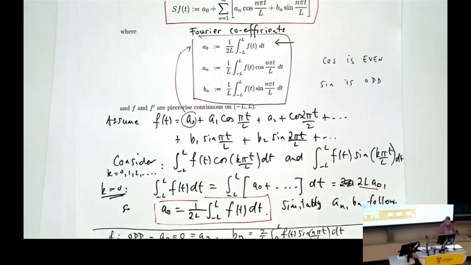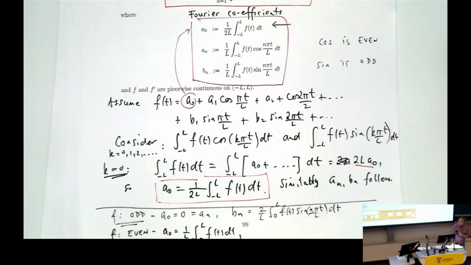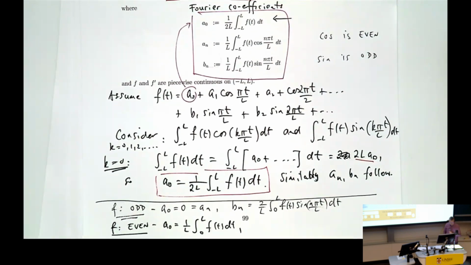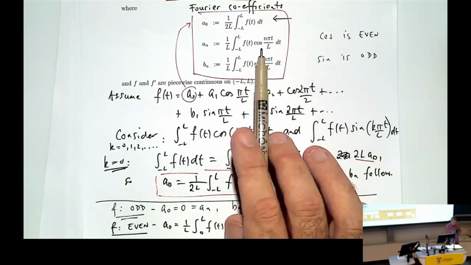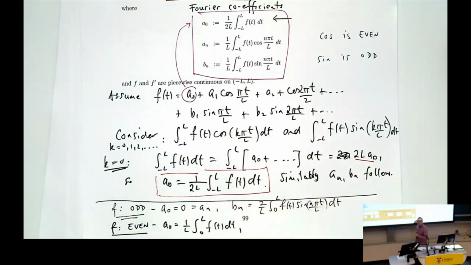Okay, what about the other bits? Remember f is even here. So if I've got even times even, what does that give me? Even times even. Any idea?